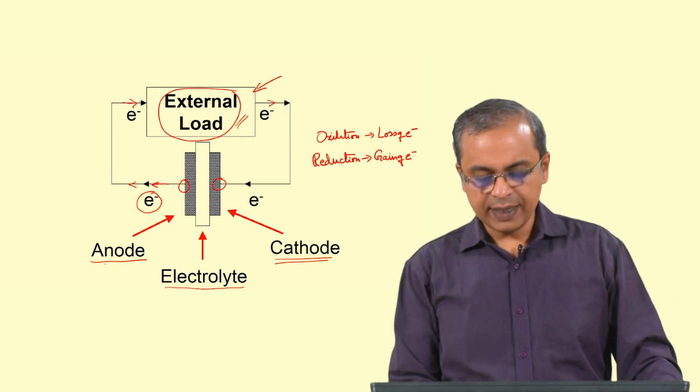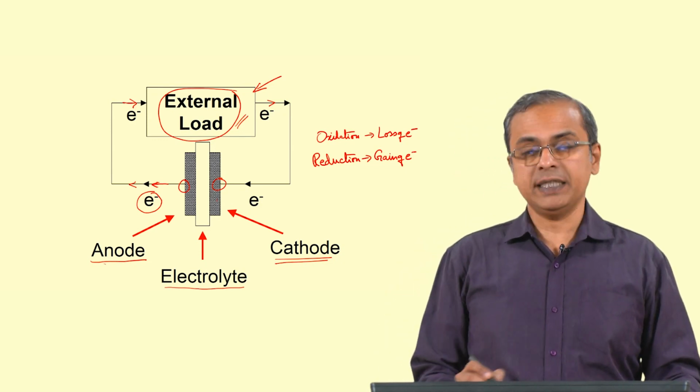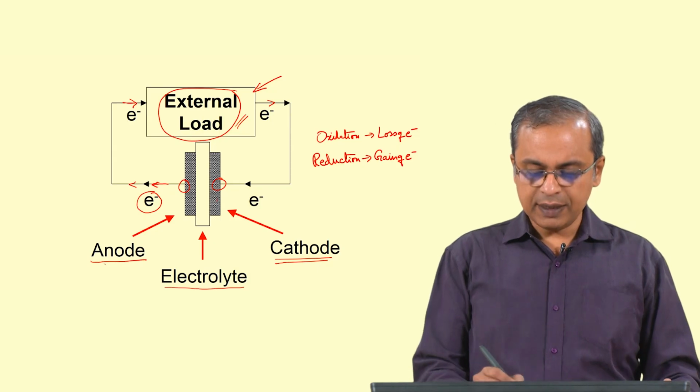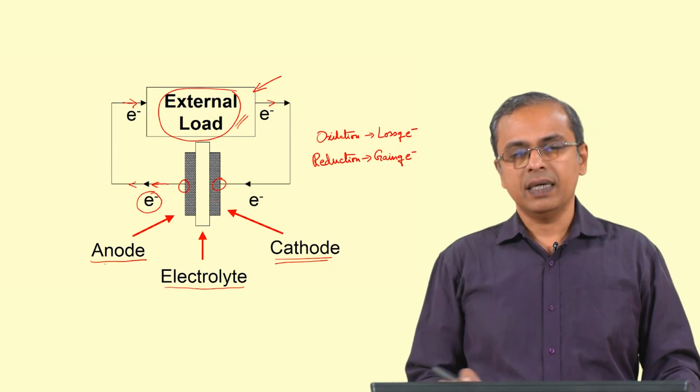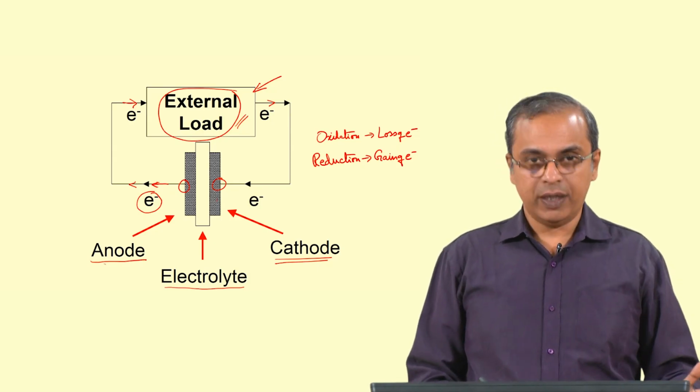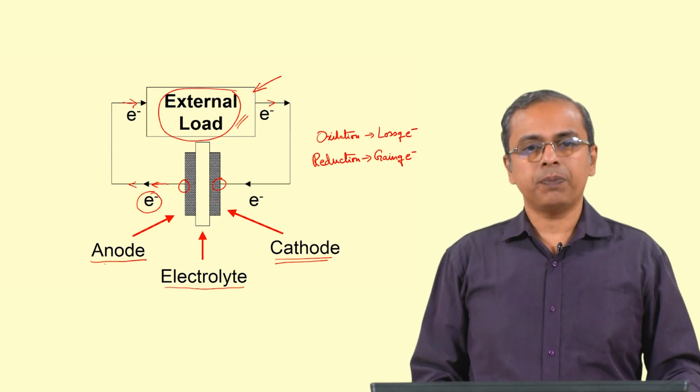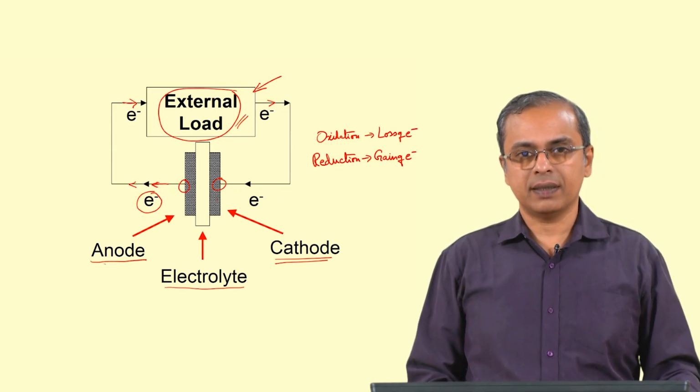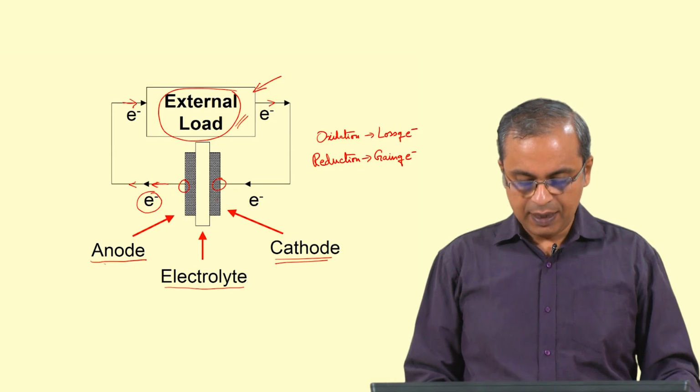Reduction occurs for some species that is present in the circuit. That species happens to be at the cathode at that instant, picks up the electrons and is getting reduced. So, this is the general process that is happening in this circuit, so to speak.